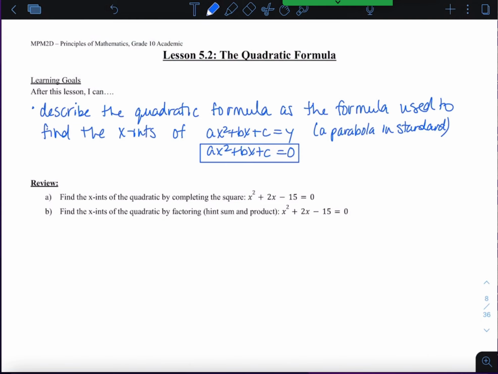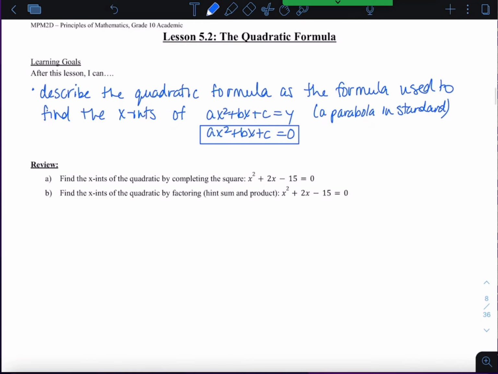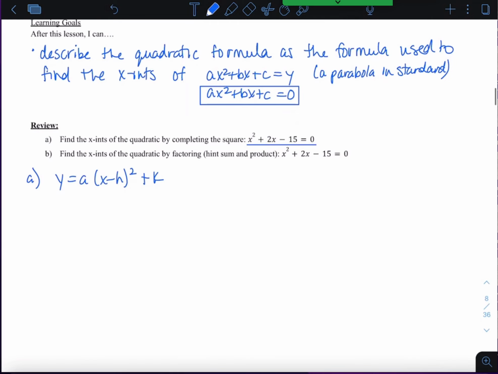Okay? So let's start off this lesson by considering what we already know. If I have a parabola like this, x squared plus 2x minus 15 equals 0, remember, we already know how to solve for the x-intercepts in vertex form.